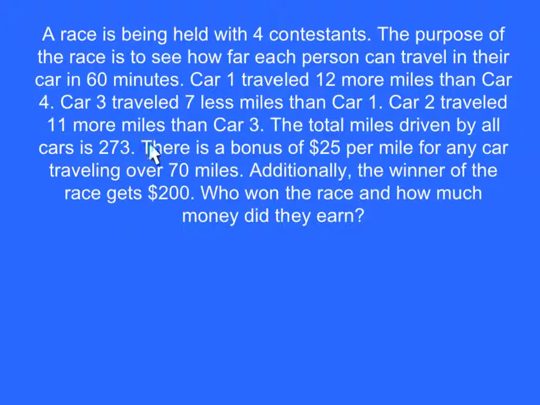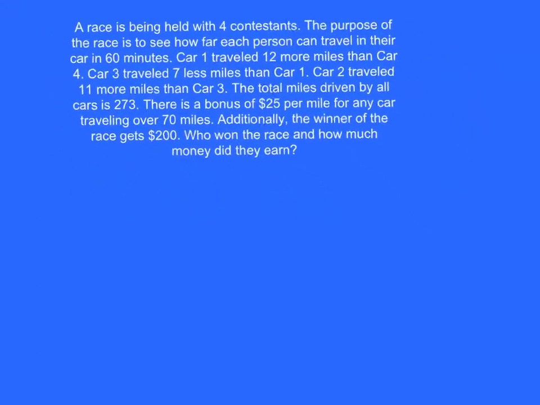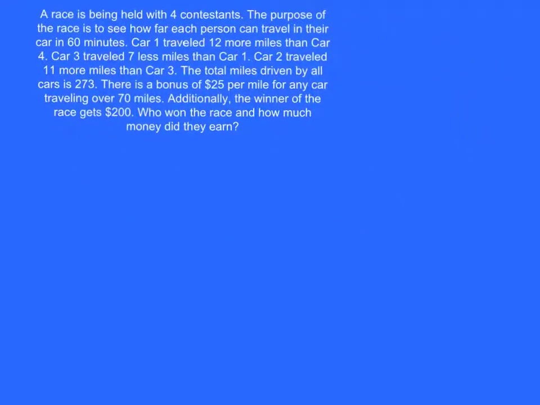And there's nothing in this sentence that indicates that they only get the bonus for the miles over 70. So in this case, whatever miles they have, they would get $25 per mile. All right, so let's shorten this up a little bit and have some room to work.